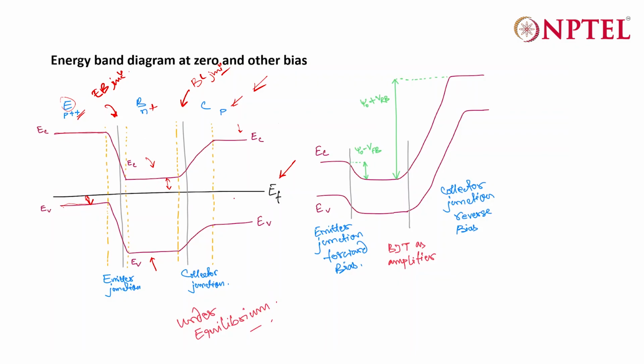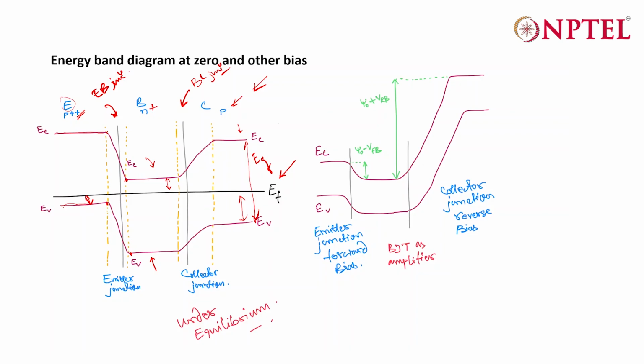Then you have the difference between EV and EF in the collector, which should be even higher. And then you know that the difference between EC and EV is nothing but your band gap. Then just draw the corresponding EC and EV in all the regions. Thereafter, you join the EC and EV in each of these locations.